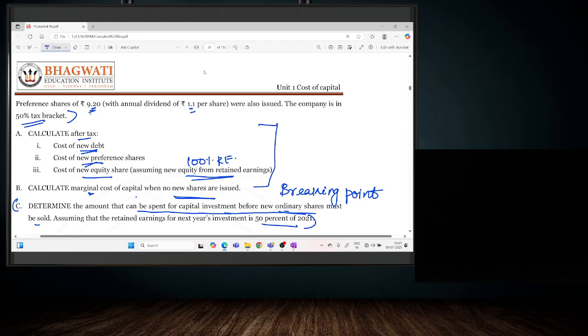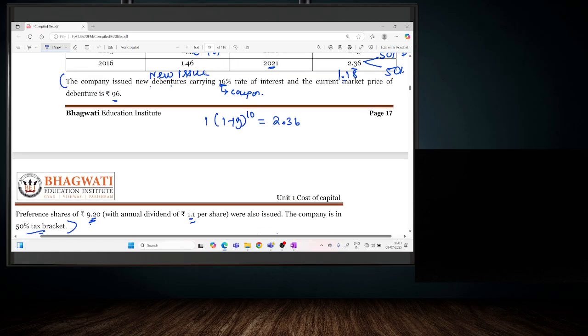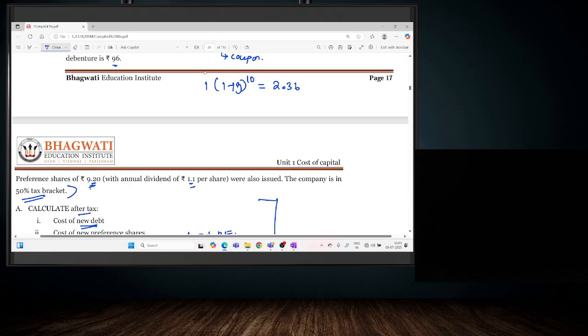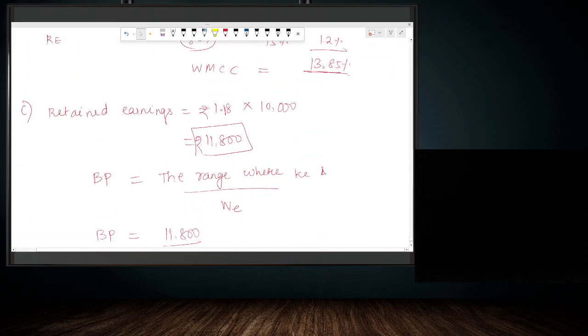C requirement asks us to calculate how many rupees of capital that can be raised by making use of the 16% debenture, preference share capital and retained earnings. Right, so they are asking us to calculate the total amount of capital that can be raised using the existing retained earnings amount. Right, so we have to calculate the amount of capital that can be raised before issuing any new equity shares. Right, so before issuing equity shares, you will try to exhaust all your retained earnings. I hope you are getting the point.